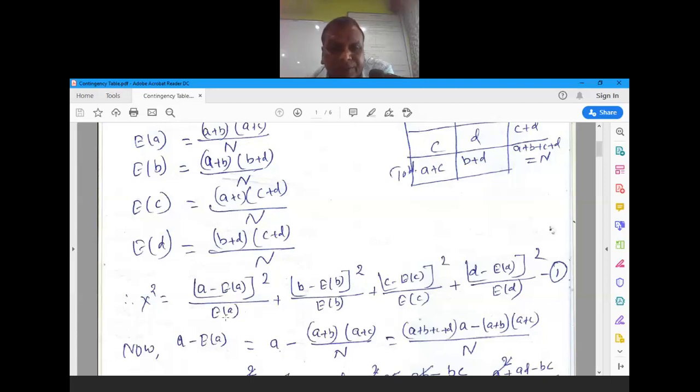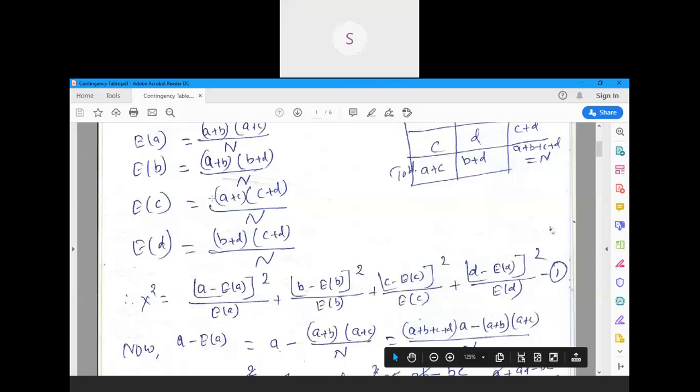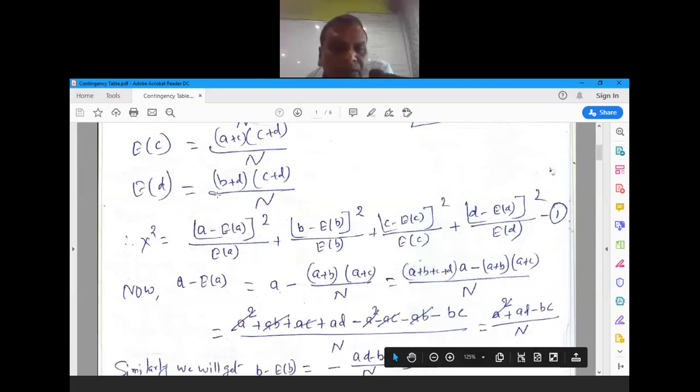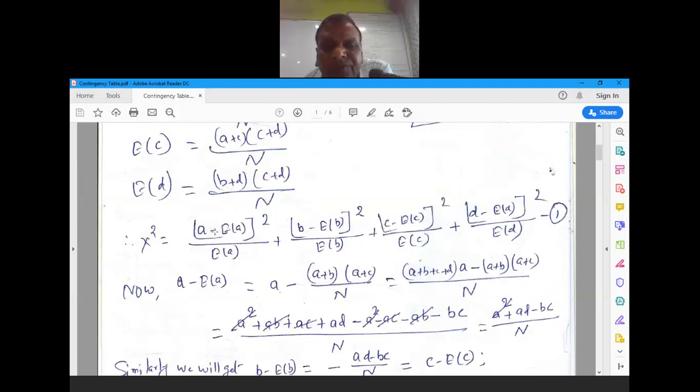Up to here, is it clear? Yes, sir. Very good. Now in the numerator you have seen a minus expected value of a, in the second term b minus expected value of b, in the third term c minus expected value of c, and in the fourth term d minus expected value of d.